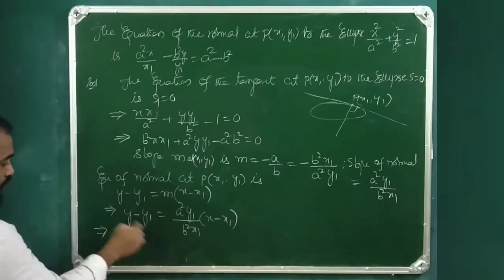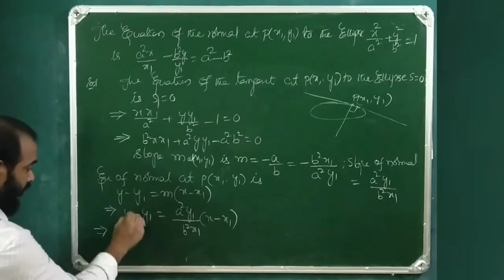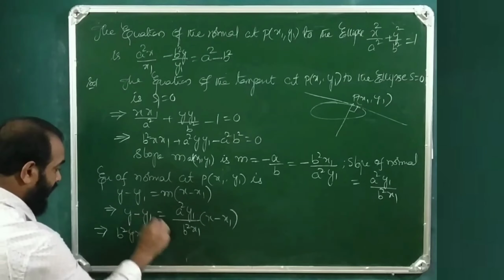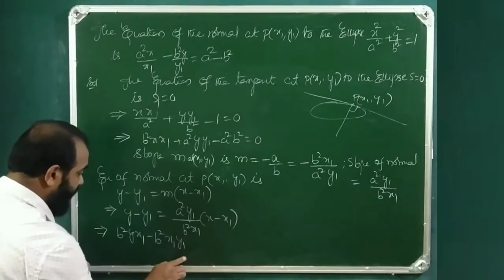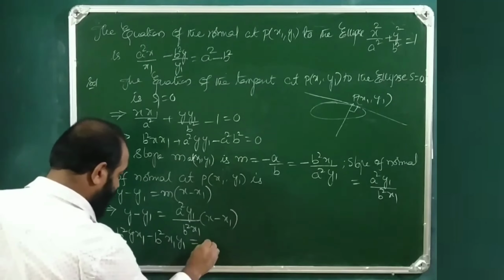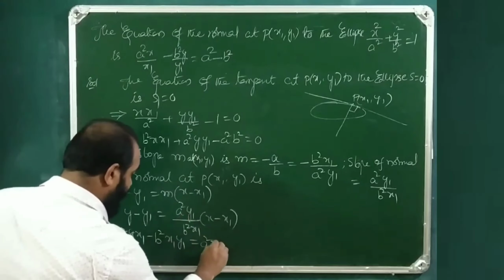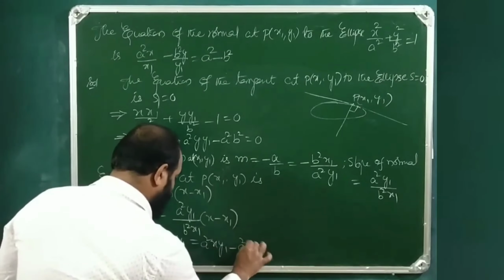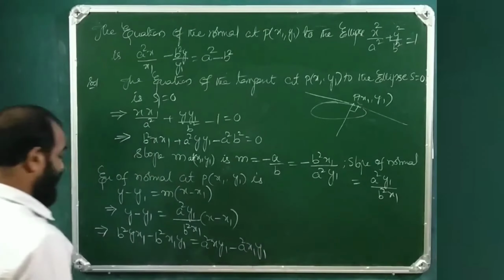So this is equals to b square y x1 minus b square x1 y1 is equals to a square x y1 minus a square x1 y1.